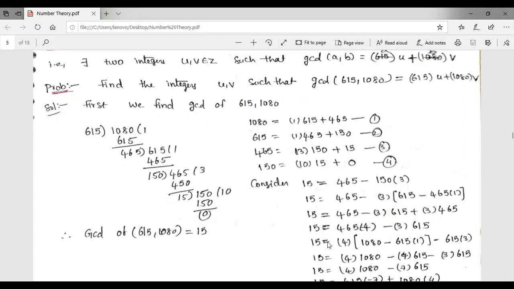So 15 is equal to 4 into 465, where 465 can be expressed in terms of 1080 minus 1 into 615.